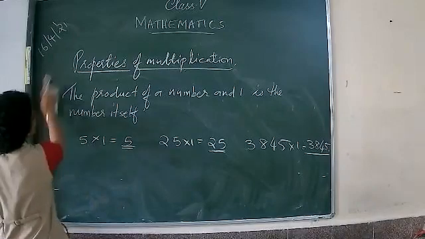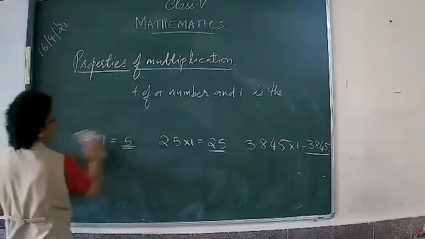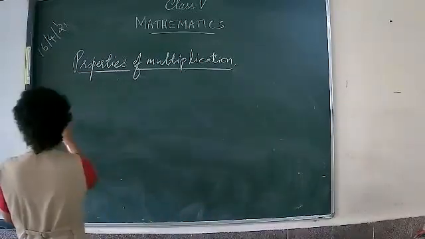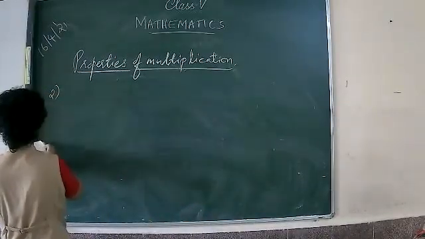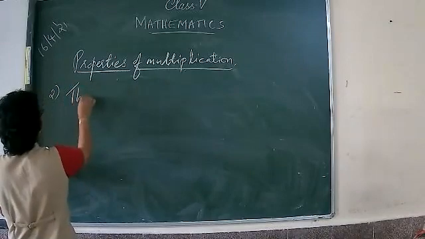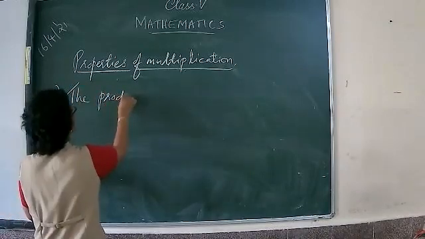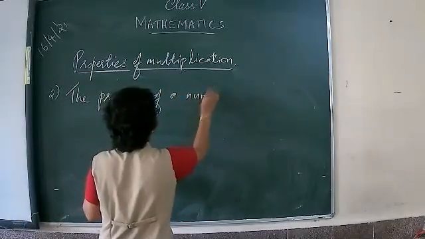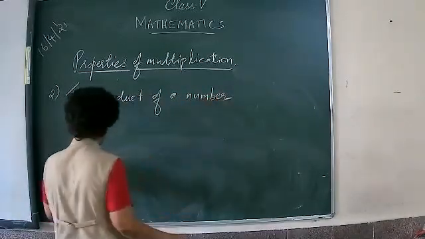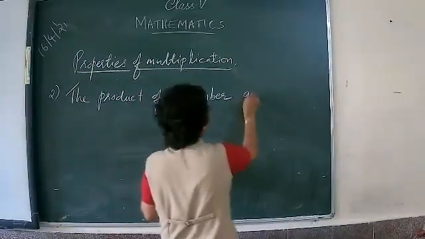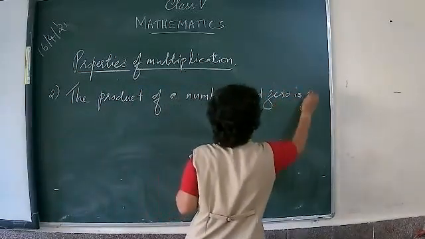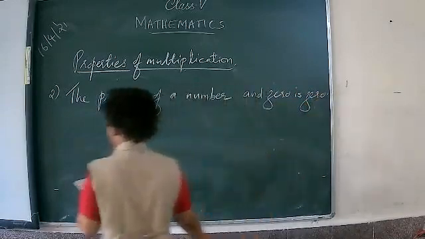Second property: the product of a number and 0 is 0.